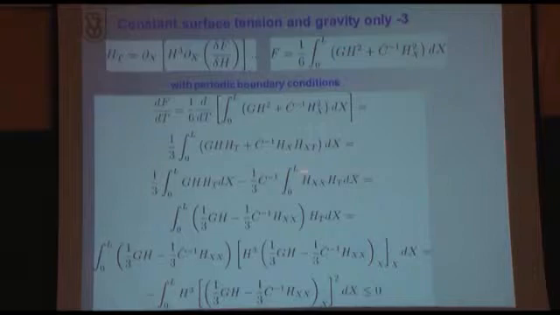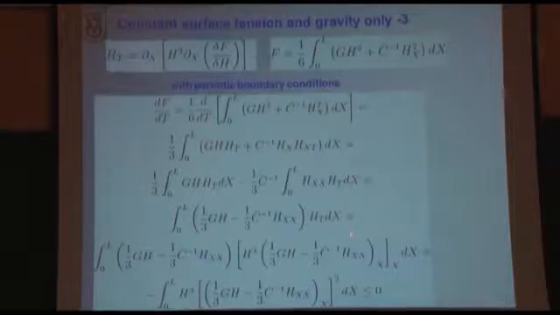Now I combine these two terms, 1/3 gh minus 1/3 of this times the second derivative, all multiplied by h_t, equals this. No, sorry, it's not integration by parts.